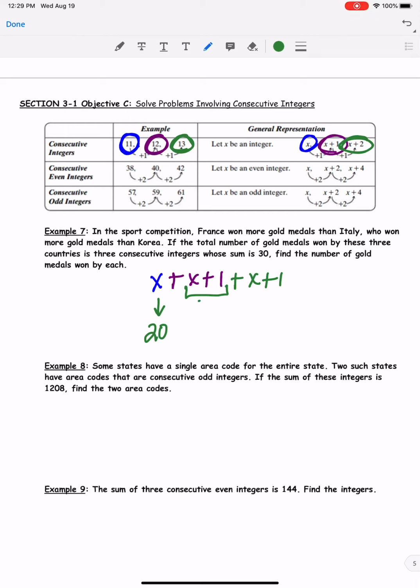Well, now this one is 20 plus 1. So we've got 21. So it works for the first one. But now this is just 20 plus 1 again. And so we get 21 again. And so that's why this number here has got to be a 2. So now it's 20 plus 2, and that gives me 22. Okay.